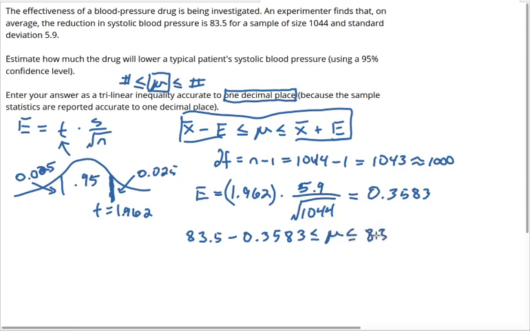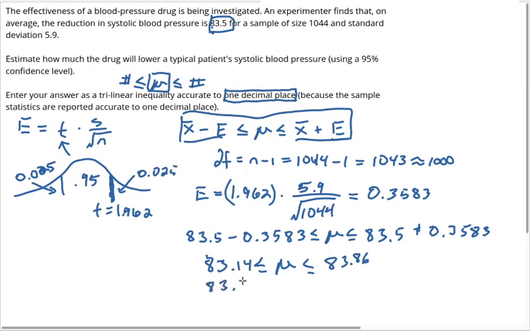Then I'll do the same thing on the other side, 83.5, which is my sample mean, plus the margin of error, which is still 0.3583. So I got 83.14 as the lower number and 83.86. It only wants one decimal, so let me round that a little further: 83.1 to a mean of 83.9.